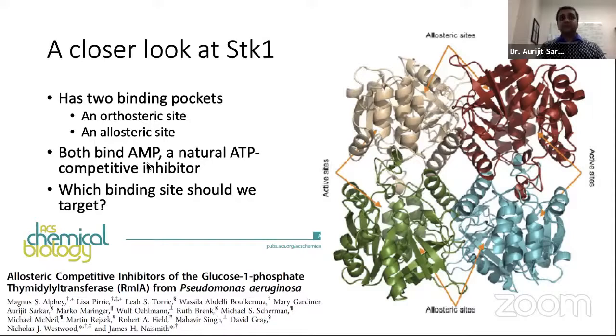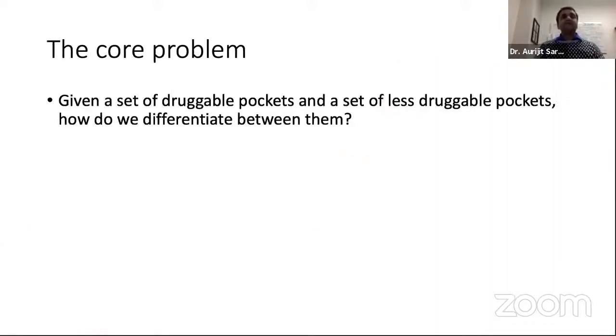Both of them bind TMP. So the question is, which binding site should be druggable? If you're able to demonstrate that experimentally, that's brilliant. So theoretically, how do you find druggable pockets and how do you segregate them from the less druggable pockets?